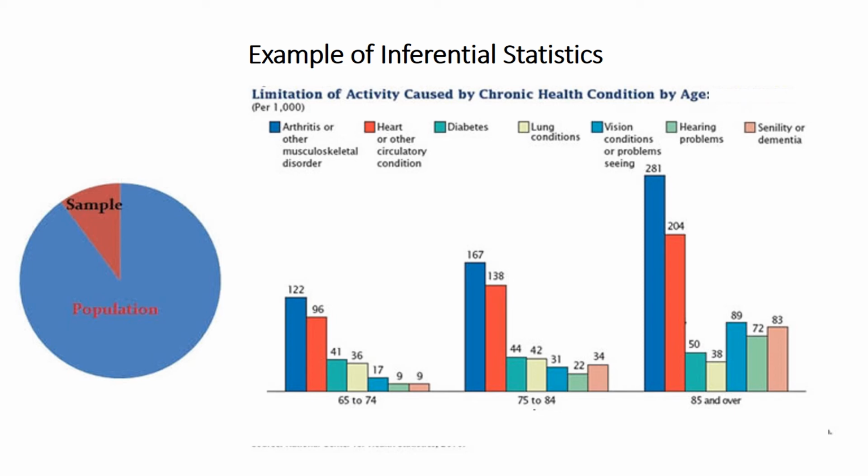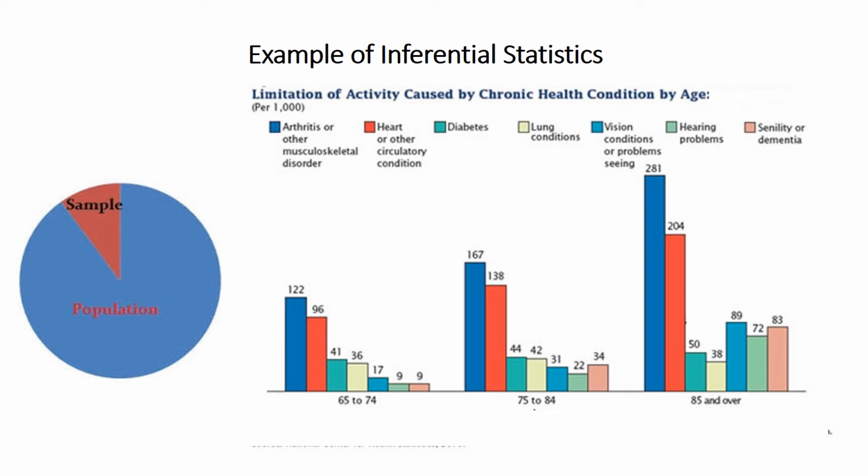As you can see here in this pie chart, that sample is part of the population. It's a piece of it. And I've got here some actual data from the U.S. Health and Human Services: the limitation of activity caused by chronic health conditions. As people get older, they have ADLs, activities of daily living limitations.